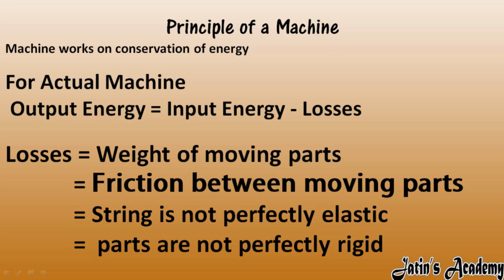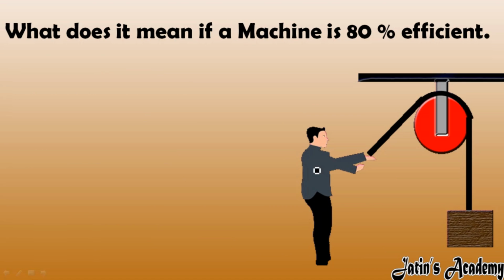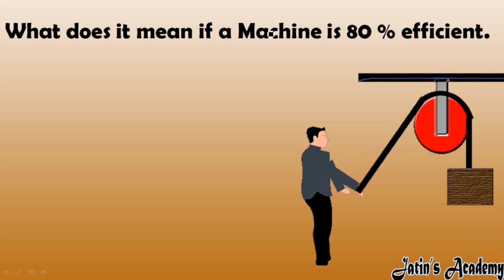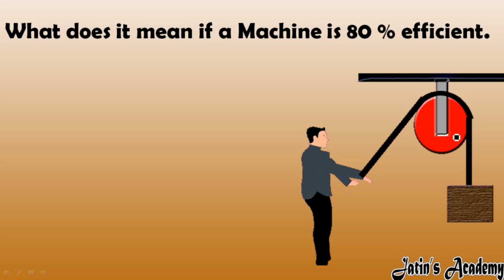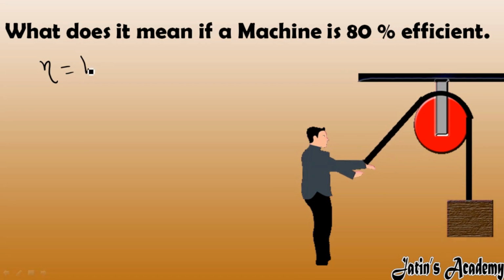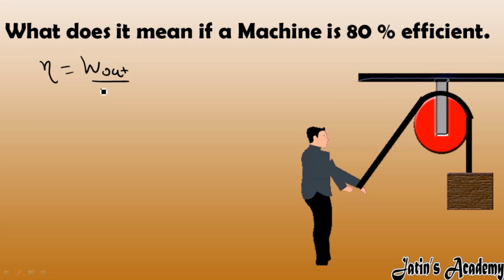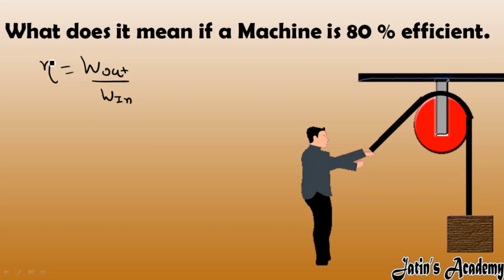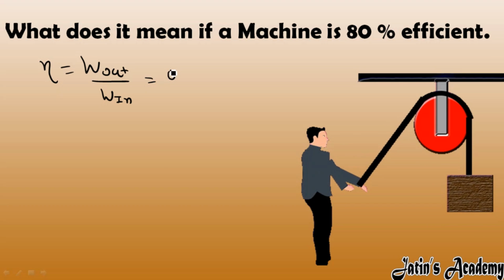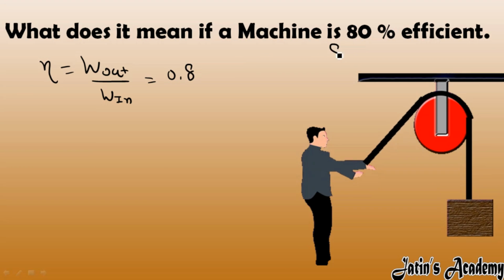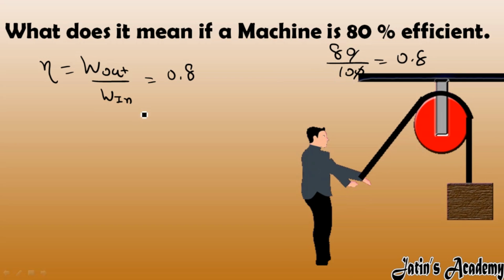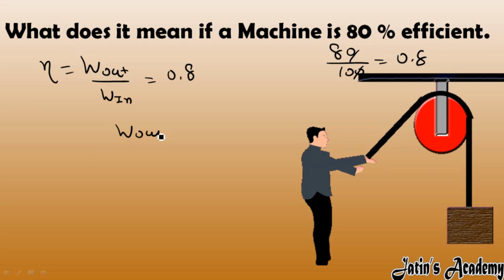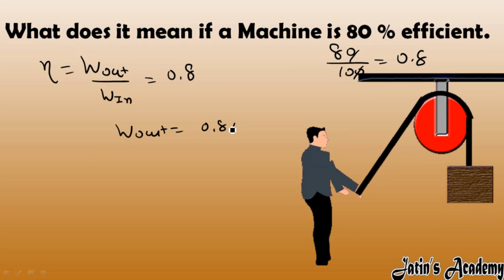Okay. Next we have one question: what does it mean if a machine is 80% efficient? For example, this pulley is 80% efficient. What is the meaning of this? We know that efficiency is equal to work output over work input. Now if this machine is 80% efficient, it means 0.8, since 80% means 80 by 100. So work output is 0.8 into work input.